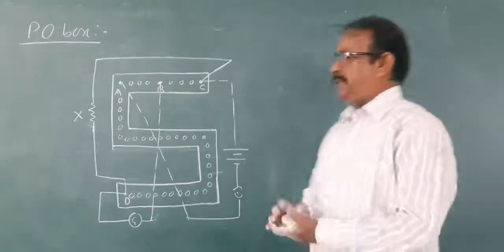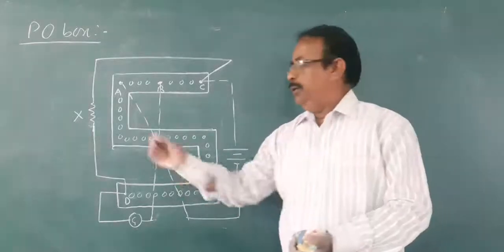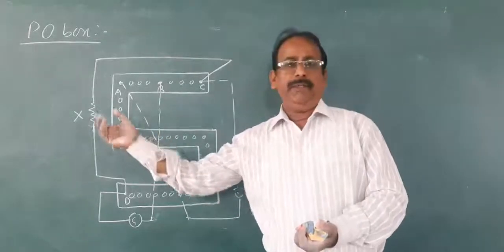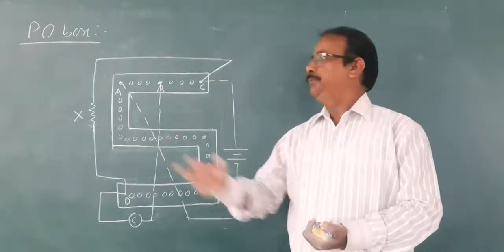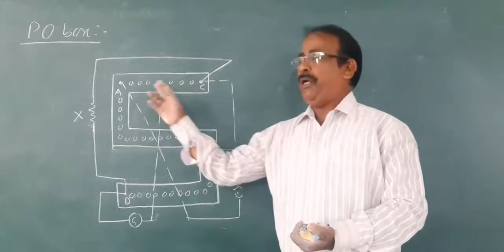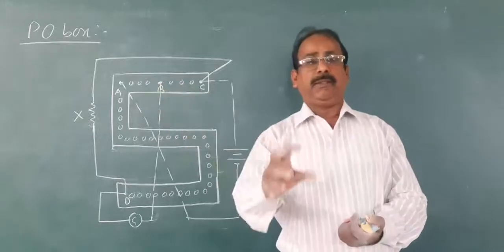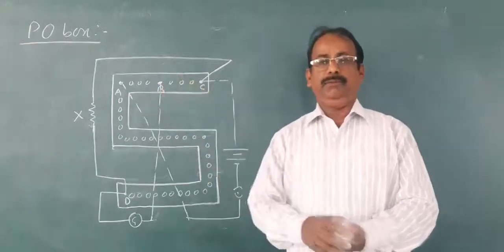In this post office box, while finding this unknown resistance, a fixed ratio of resistances is taken in these two arms.